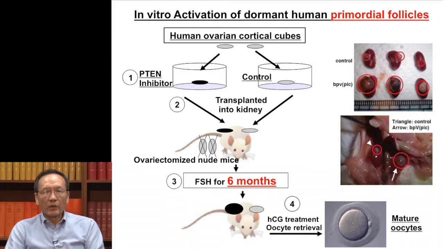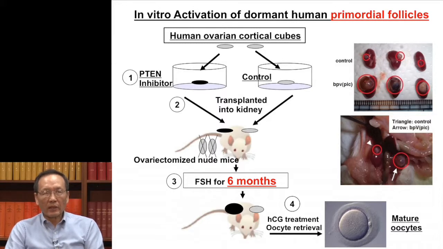On the left-hand side, it shows one group is treated with P10 inhibitor, the other is not treated. Then we transplant these in vitro activated ovarian fragments into new immune deficient mice, into the kidney capsule. And in the human, from the primordial follicle growing into the preovulatory follicle will take 4 to 6 months.